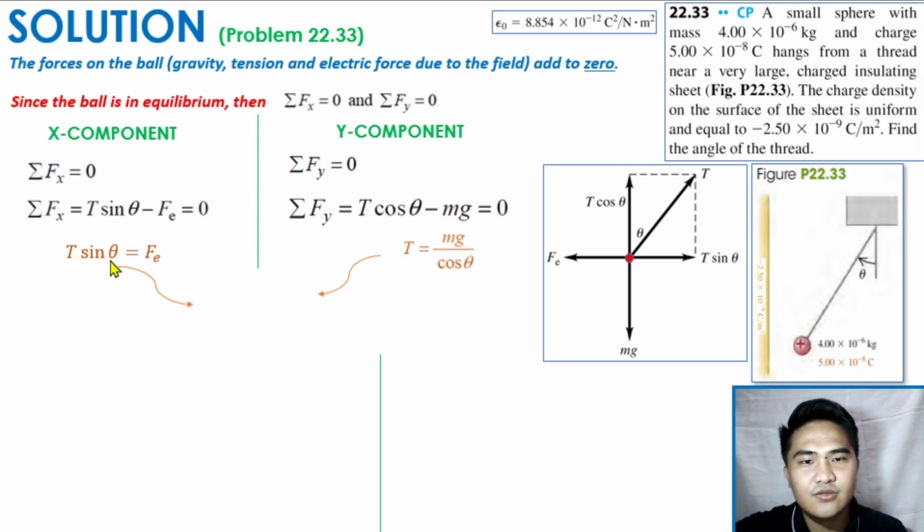Now, substituting T with this value, we have mg sine theta over cosine theta is equal to the electric force.